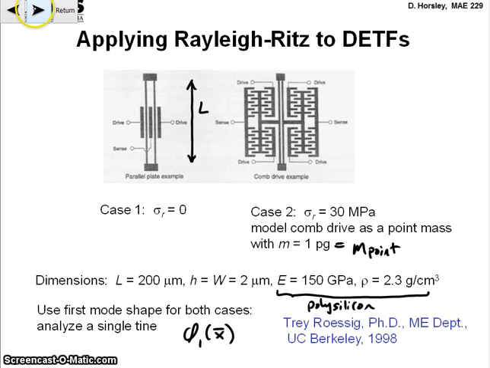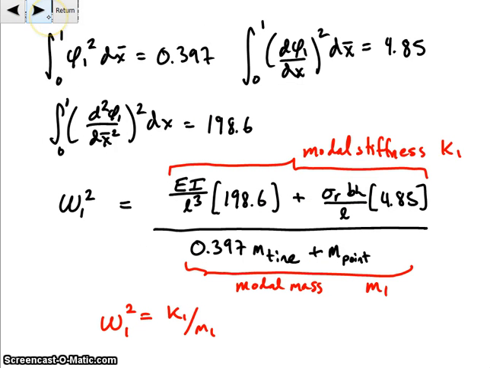So that point mass in terms of its kinetic energy, we've got point mass times phi1 squared evaluated at 1/2, because it's evaluated at the midpoint of the beam.